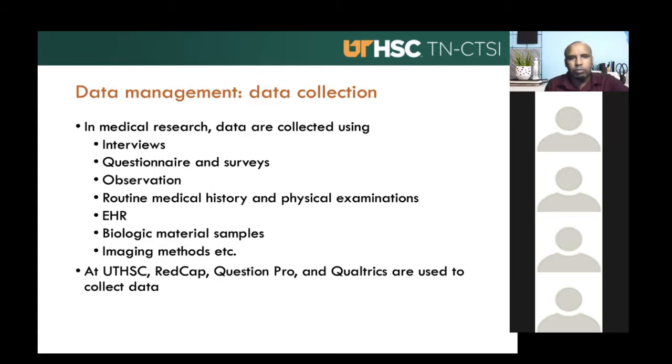Data are collected from biologic material samples, such as specimens. Data are collected during imaging. At the University of Tennessee, as I mentioned, REDCap is software that's usually used for collection of data. Question Pro and Qualtrics are other data collection software that are approved by the University of Tennessee.